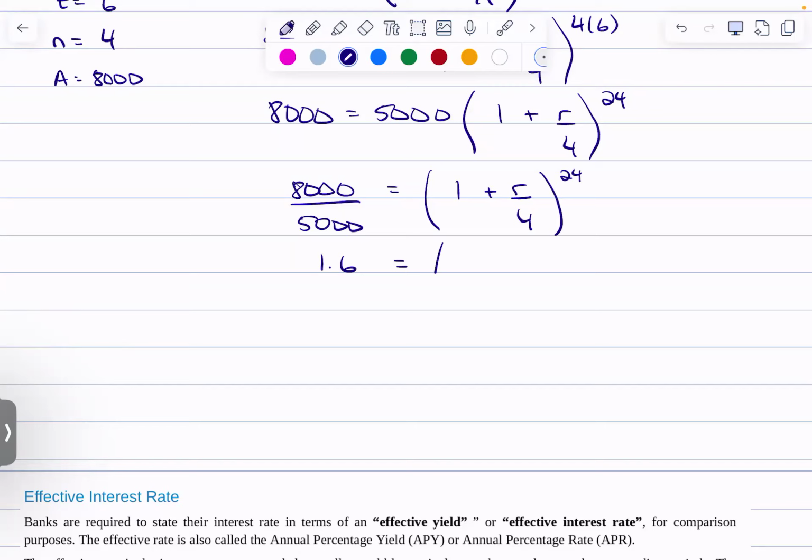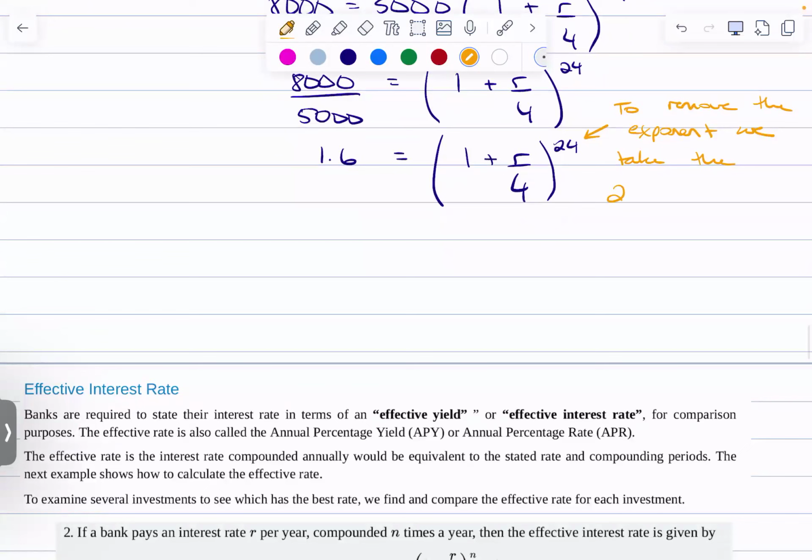I'll write that out again. So now, to get into the inside of the exponent and remove the exponent, we take the 24th root of both sides.